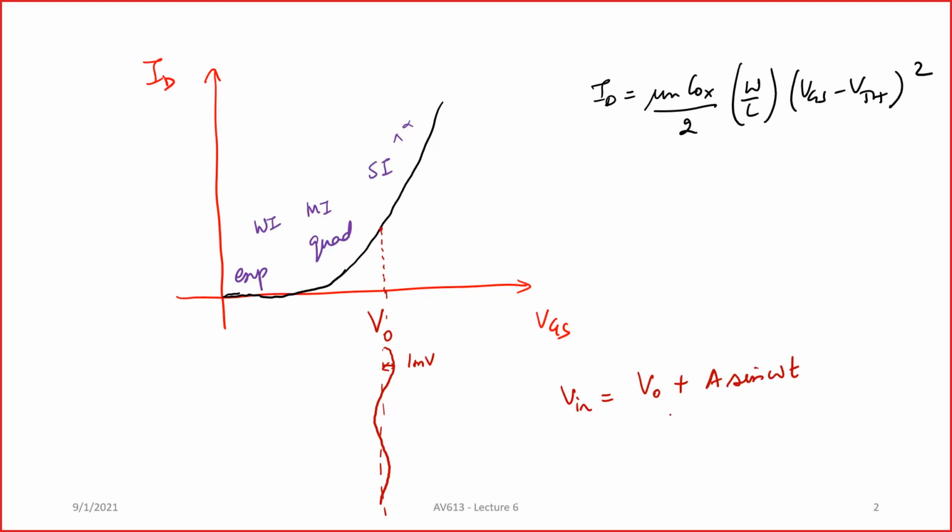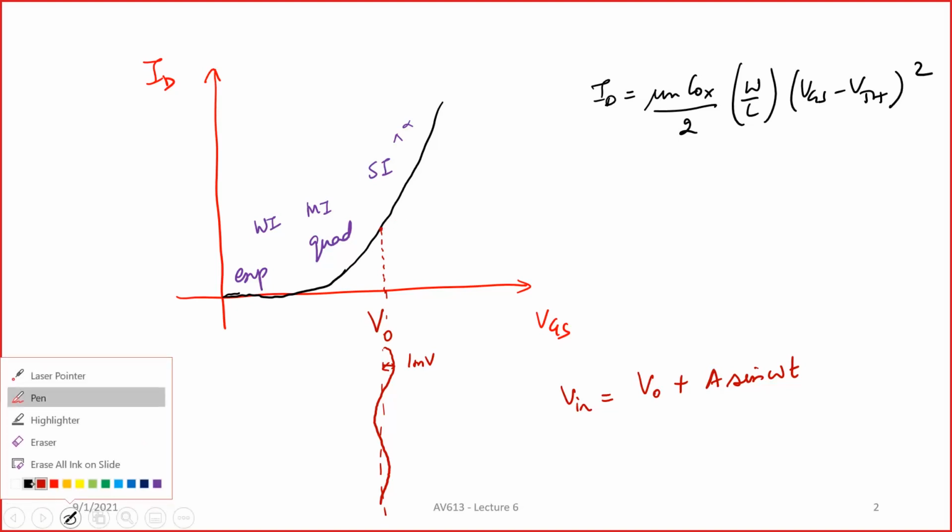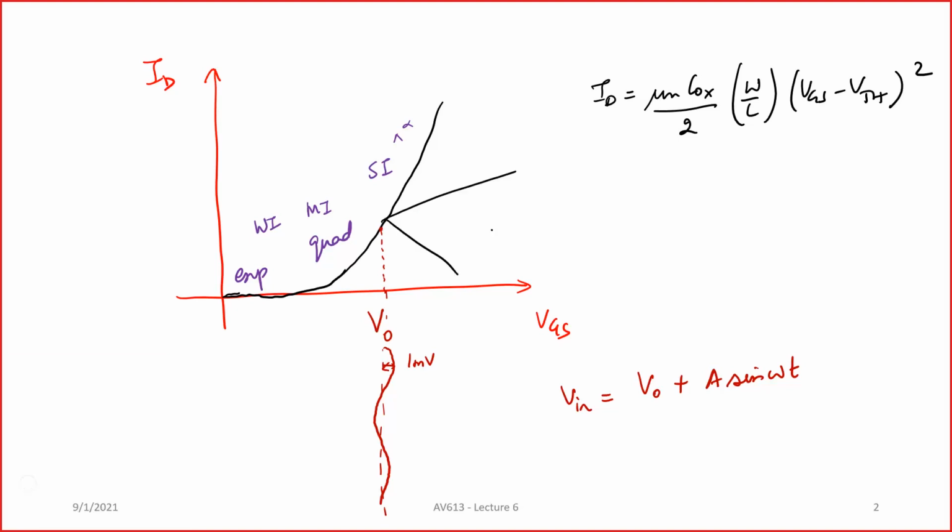Now what happens is, when you give a very small signal as input around a certain bias point to this nonlinear device, if you zoom in to this region, it's almost linear.